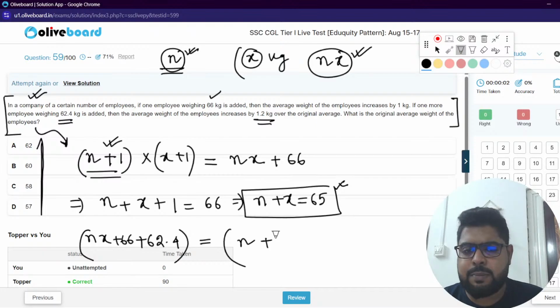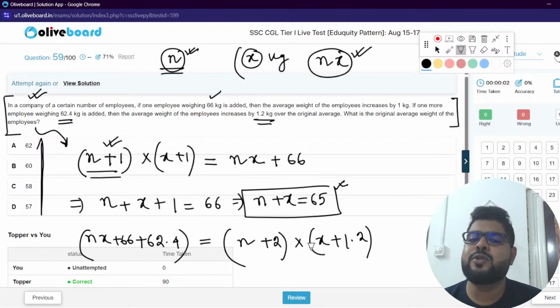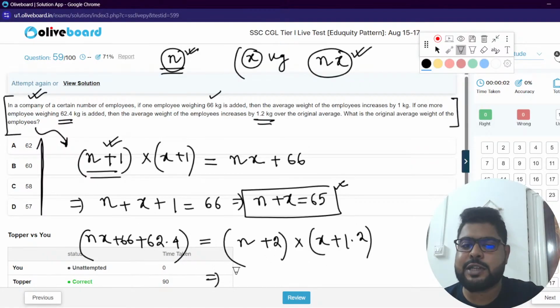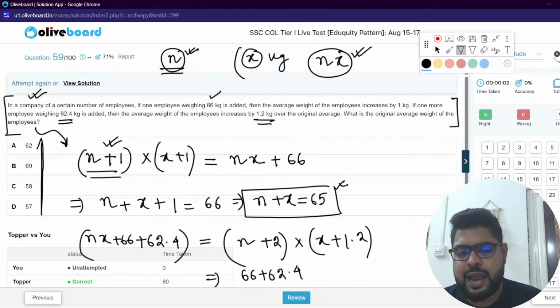So now the number of employees is n plus 2, into the original average x plus 1.2. If you calculate, this is 66 plus 62.4, and it will become 2x plus 1.2n plus 2.4, I guess.